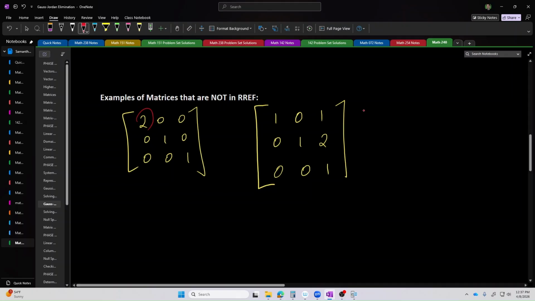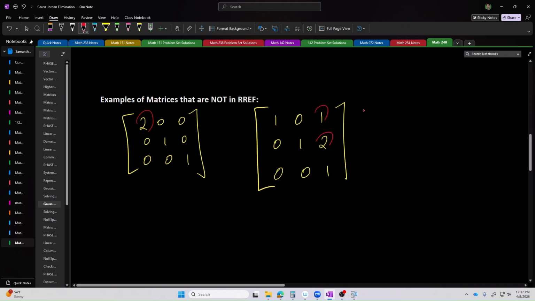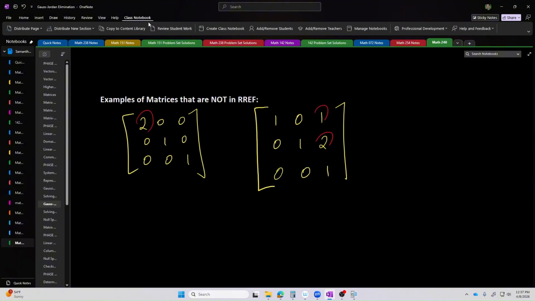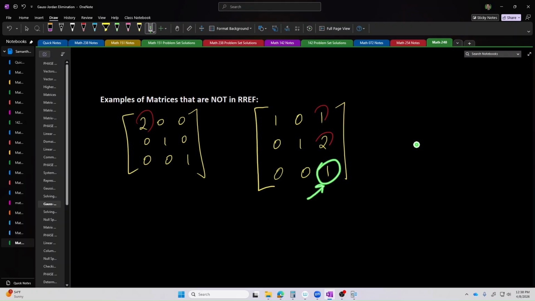The issue is these two values here in the corner. This particular matrix has three pivots: the first pivot in the top left corner, this pivot in the middle of the matrix, and this pivot in the bottom right.